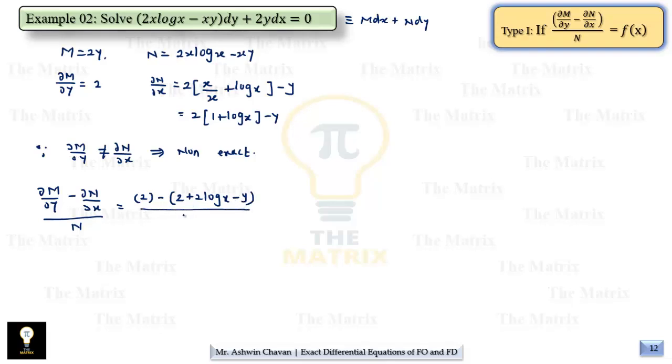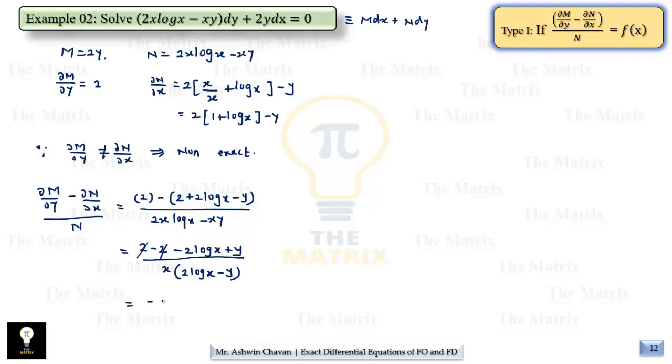N contains 2x log x - xy. Let's see whether y is completely removed or not. So here we get 2 - 2 - 2 log x + y, upon, if we take x outside, (2 log x - y). From the numerator, the 2s cancel.